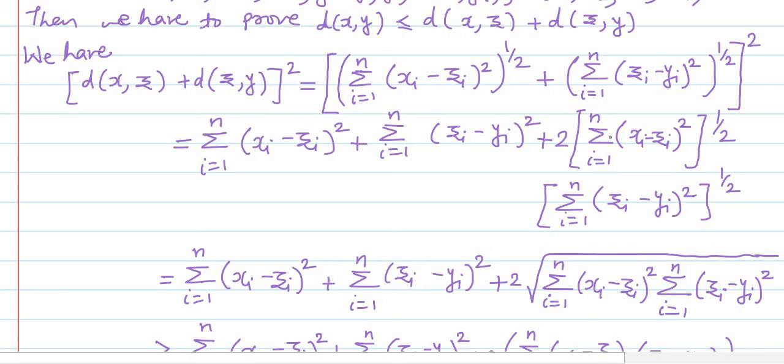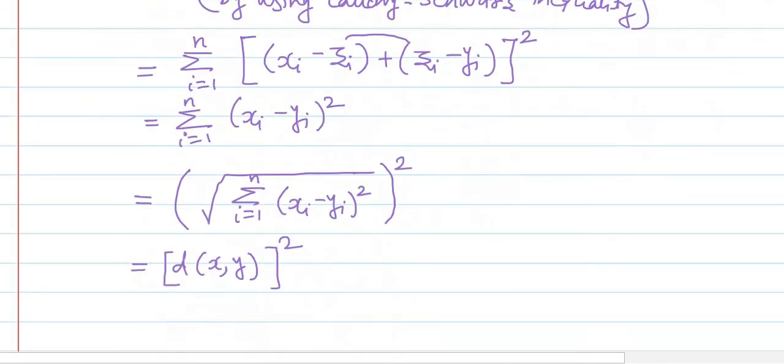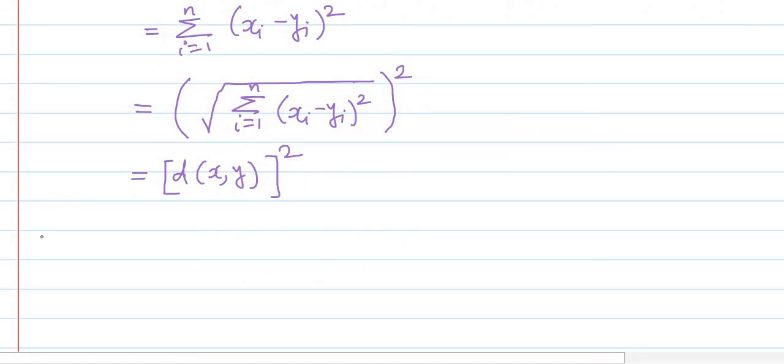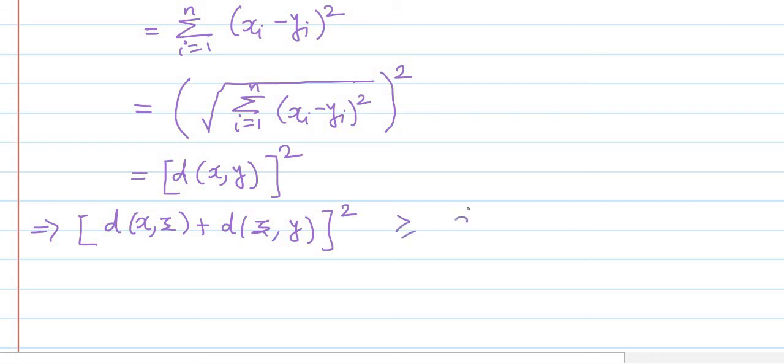As both the sides are non-negative, by taking the positive square root of both sides, what will we get? This implies that we have obtained (d(x,z) + d(z,y))² is greater than or equal to (d(x,y))².